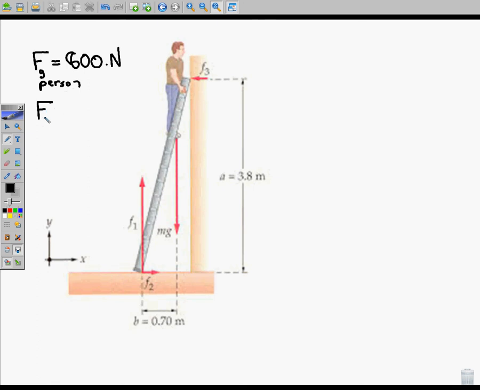FG of the ladder. Let's say the ladder weighs 50 pounds, so that'd be 200 newtons.